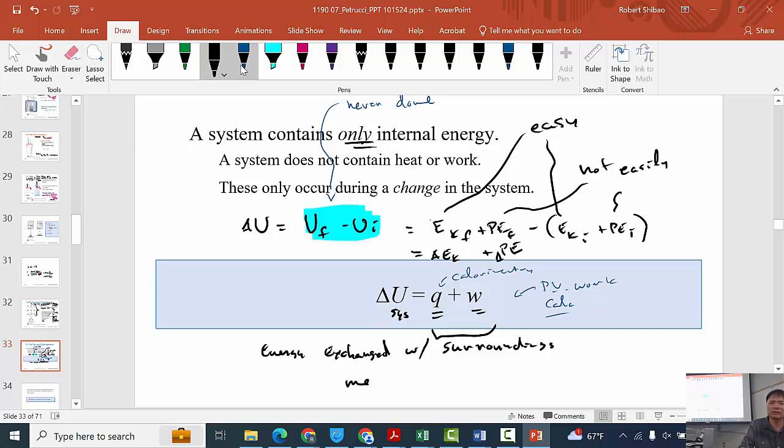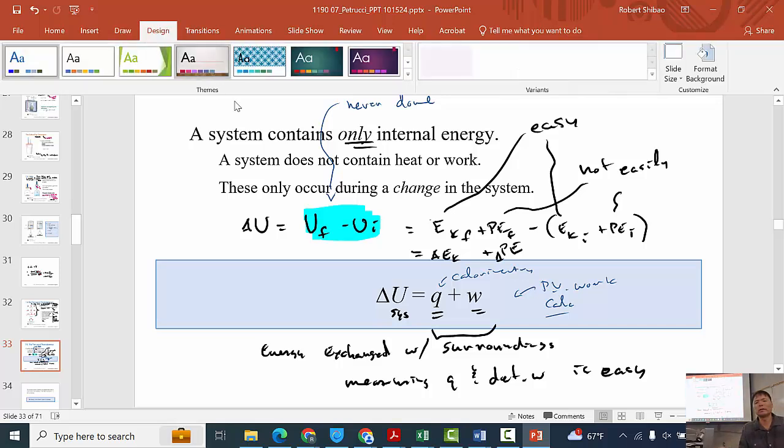Measuring the heat and determining the work is easy to do. And so this is how we're going to determine delta U.